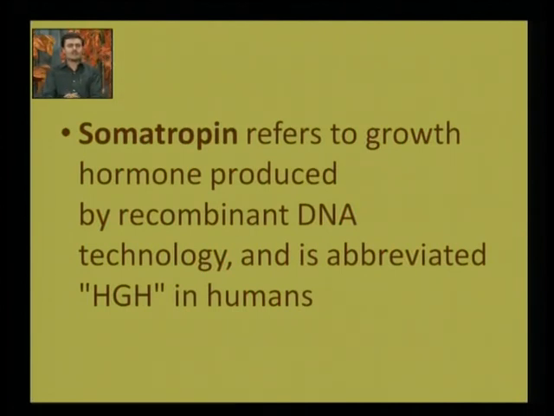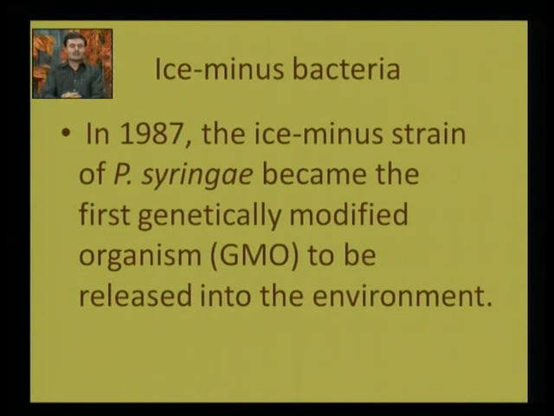Our next important discussion is about the ice minus bacteria, which are generally used for the protection of plants against frost. It was first discovered in 1987, and the strain was Pseudomonas syringae.